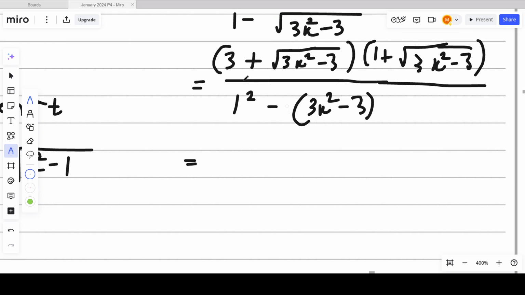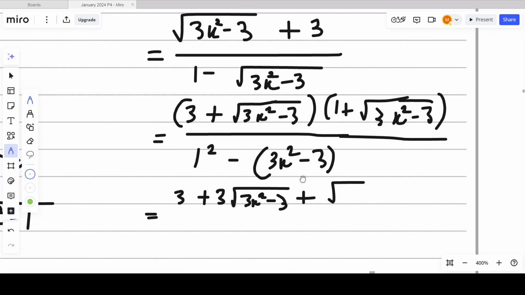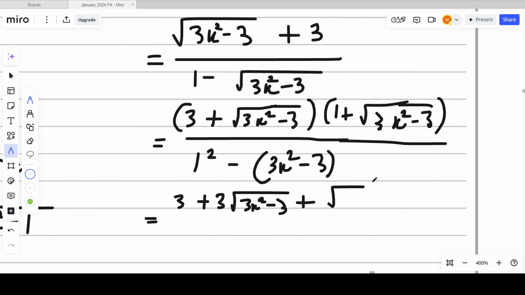So what will we get there? 3 times 1 is 3. Then plus 3 square root of 3x squared minus 3, plus square root of 3x squared minus 3.